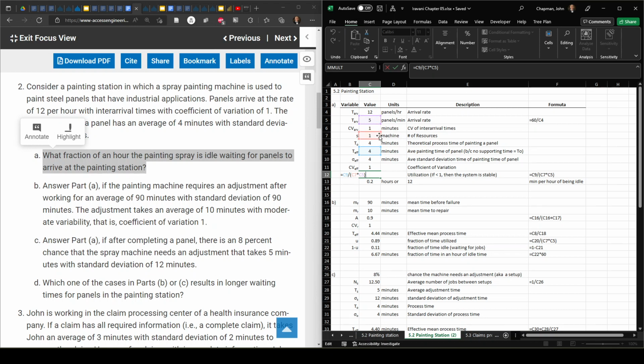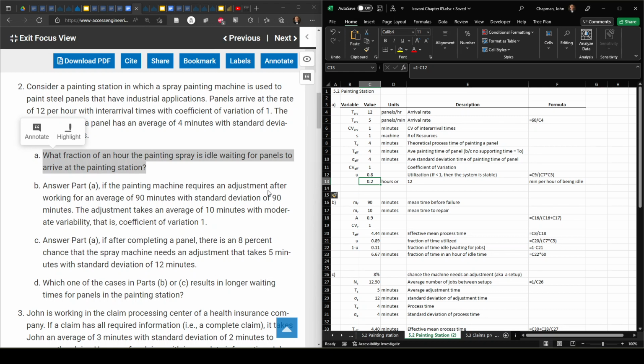In this case, there's one sprayer, one spray painting machine. That gives us 0.8. So if we take 1 minus 0.8, that gives us 0.2, or 12 minutes per hour of being idle. That answers part A, about 12 minutes per hour.